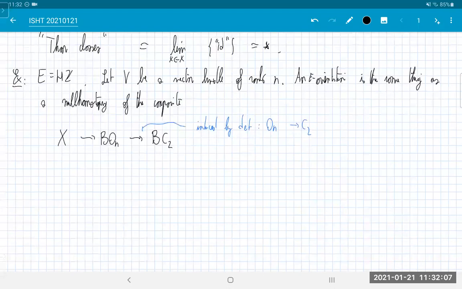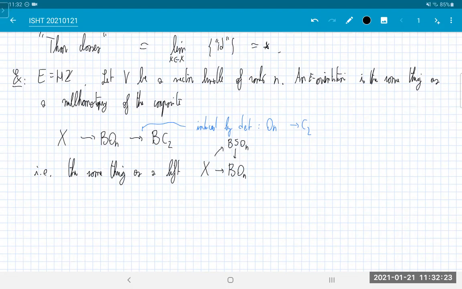In particular, an HZ orientation is the same thing as a lift to the fiber, which is what's usually called BSON.